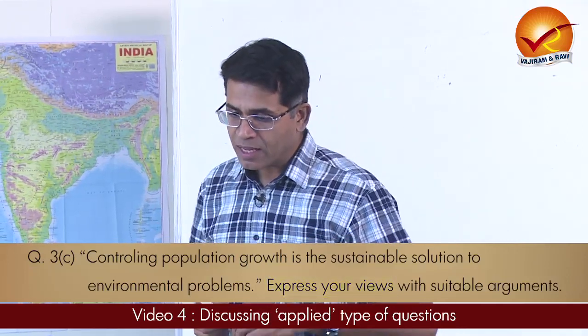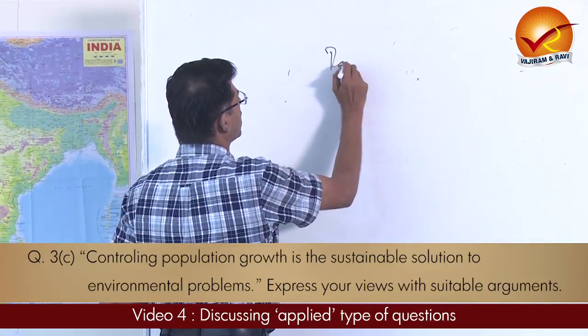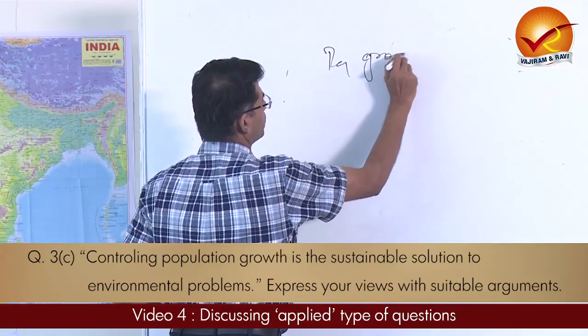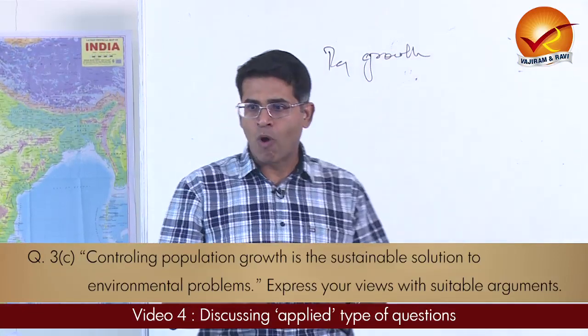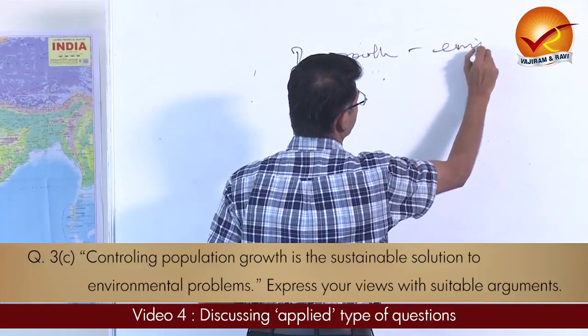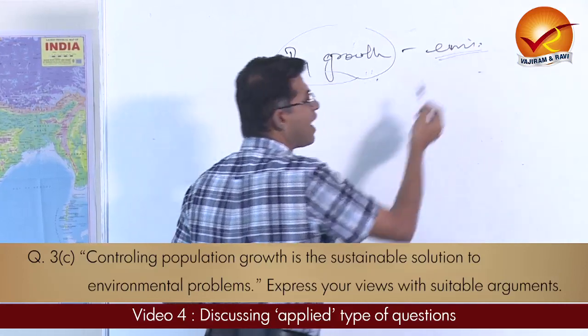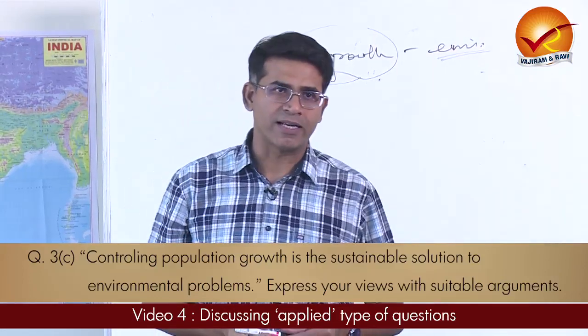The phrase is that whatever problems we have related to population growth is what is responsible for issues of environment. So if we solve the problems of growth, we probably will end up solving the problems of environment.